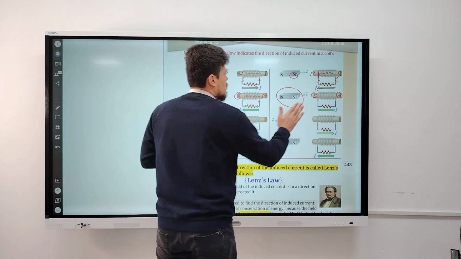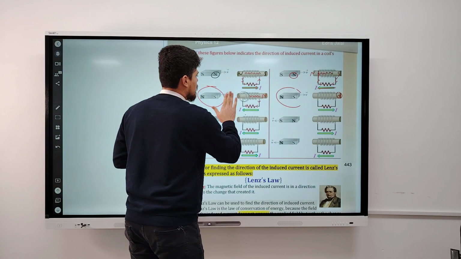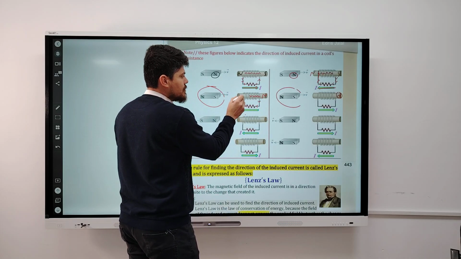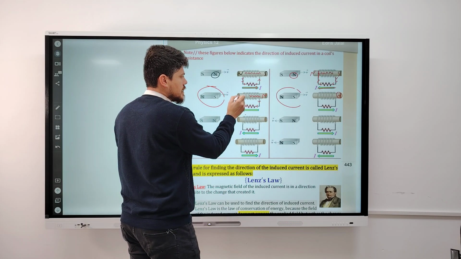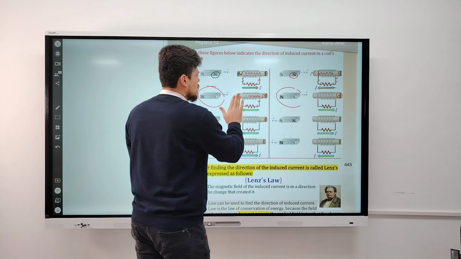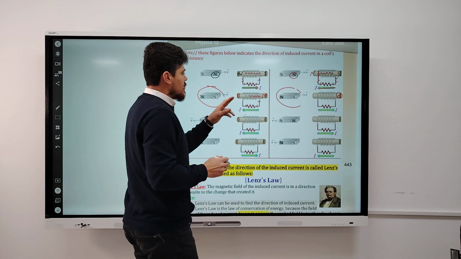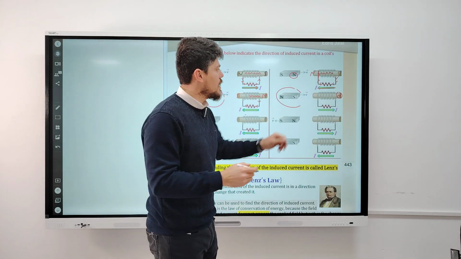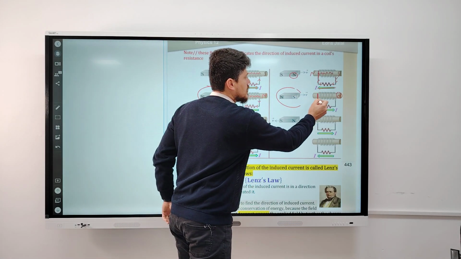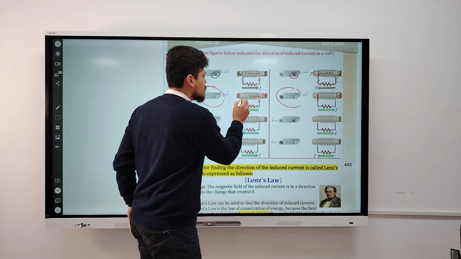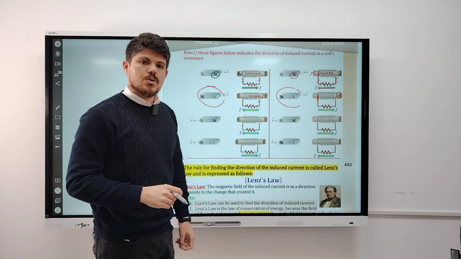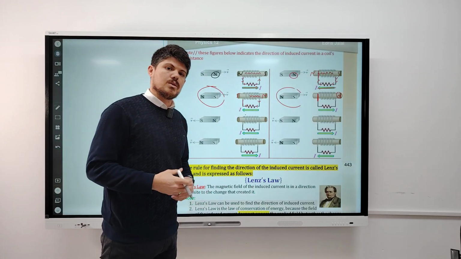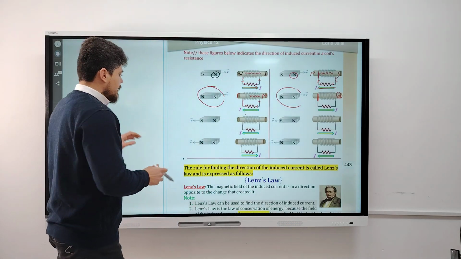Here, look, the wire is wrapped at this end, the end of the south. The wire is located below the iron rod, but here the wire is located above. So this is very important for reversing the direction of the current, okay?